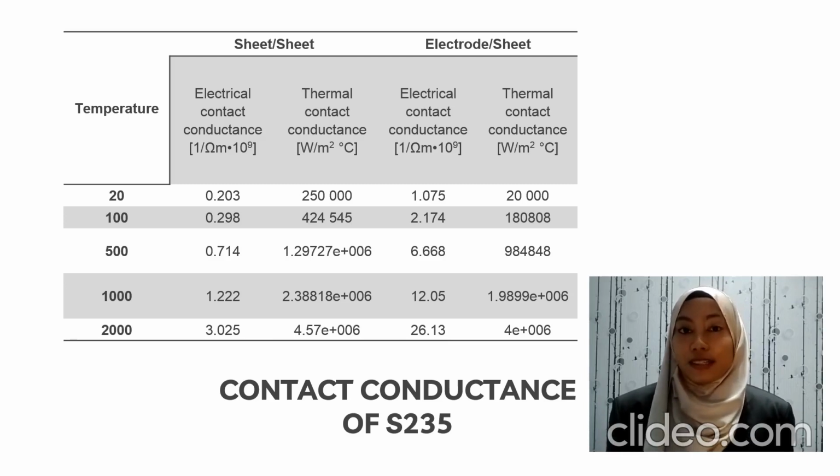Based on the contact conductance table of S235 steel, it shows that as the temperature rises, so does the electrical and thermal conductivity of the steel. Heat generation during welding can be affected by the faying area, which can result in a quick rise in interface temperature, which later can lead to the formation of a molten nugget.